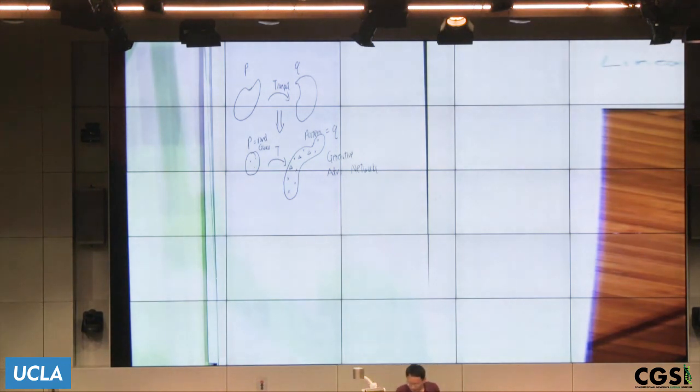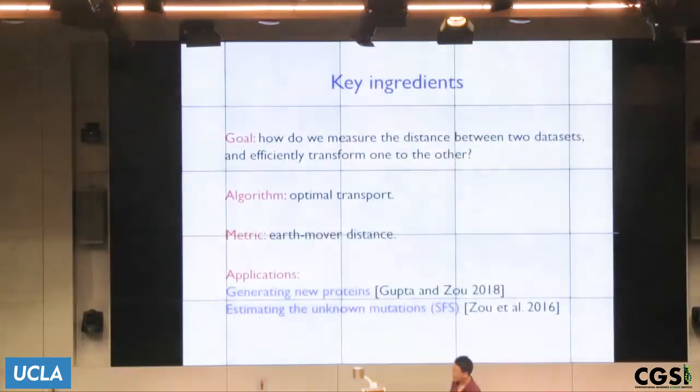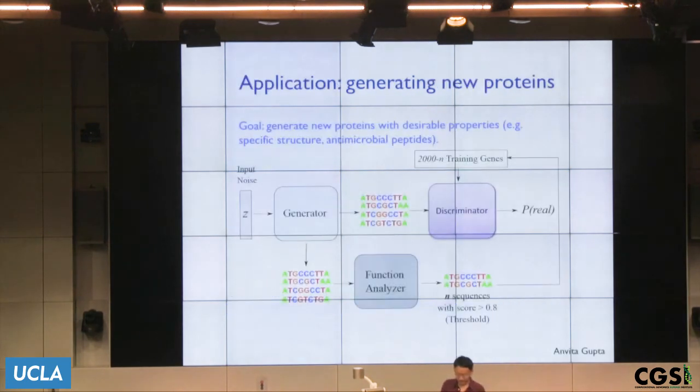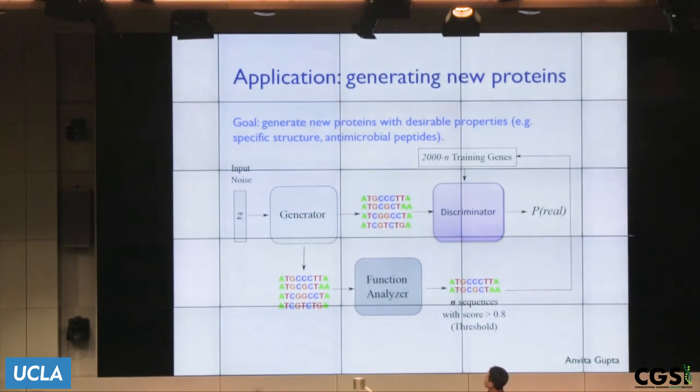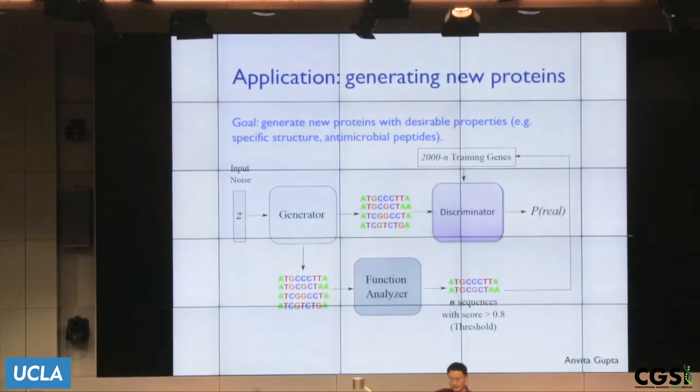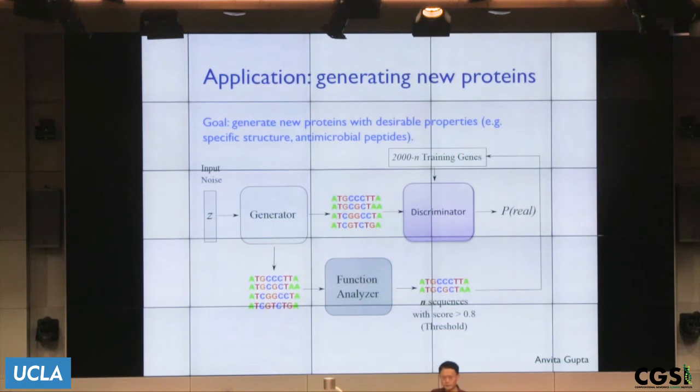Okay, so now let me switch back to my laptop. The first application is on generating new proteins using exactly this approach. There's a little bit more bells and whistles to it because we have to somehow not just generate proteins that we've seen before, but maybe new proteins that have even better properties than the ones that are currently feasible.